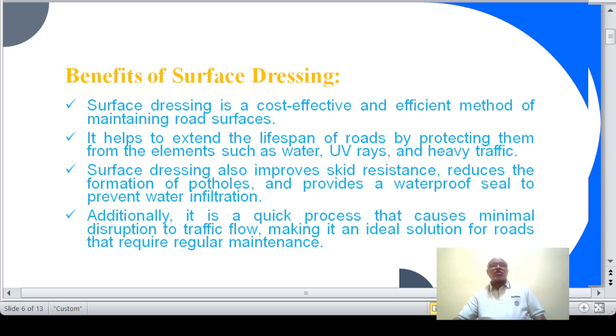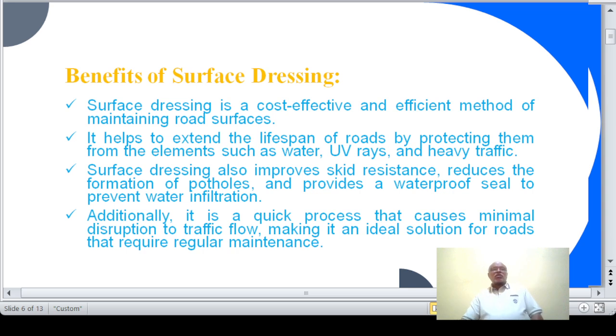Surface dressing offers several benefits, including cost effectiveness, improved skid resistance, waterproofing, and extending the life of the road. It helps to prevent further deterioration of the road surface and can be an effective maintenance solution for both urban and rural roads.